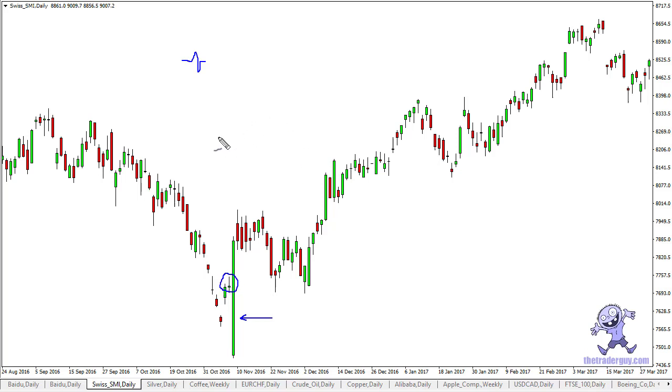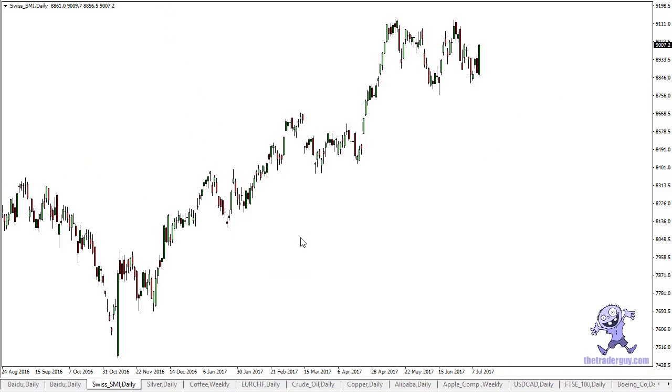The next day, we opened up all the way down here. That is an extraordinarily negative gap. What's truly impressive is we shot right through this gap and went much higher. That means there was an intense shift in the psychology of this market. This engulfing candlestick shows that traders suddenly thought highly of the Swiss index.